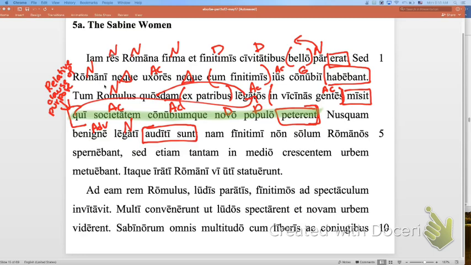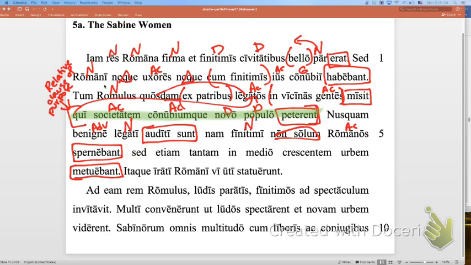Yeah. Okay, so we got, for the neighbors, not only were they rejecting the Romans, but also they were, what does that word mean?